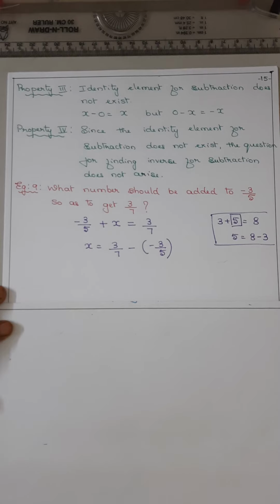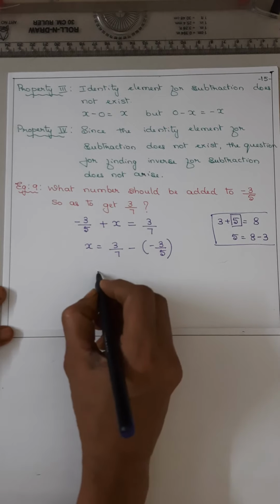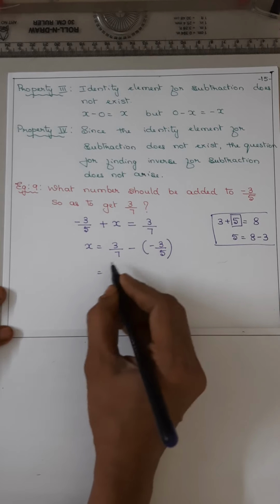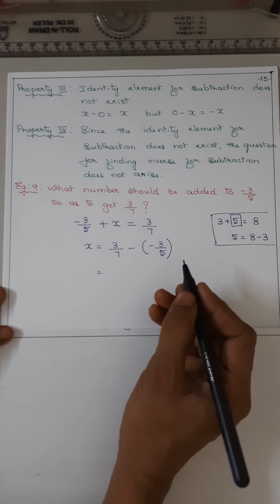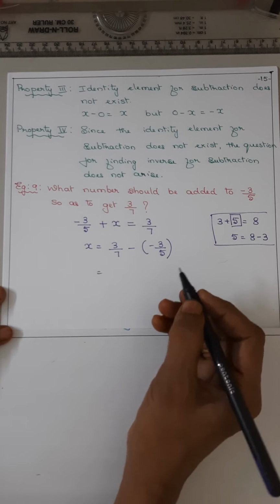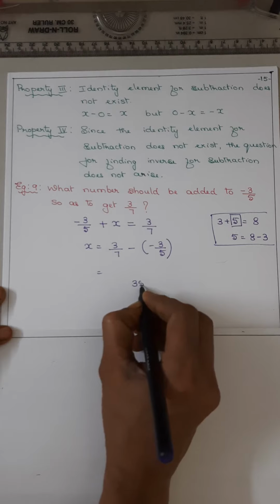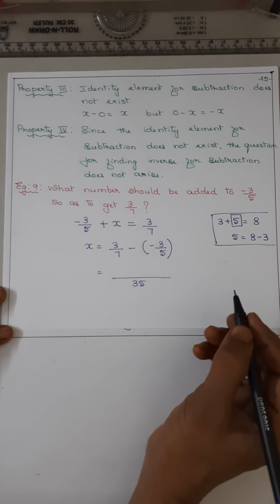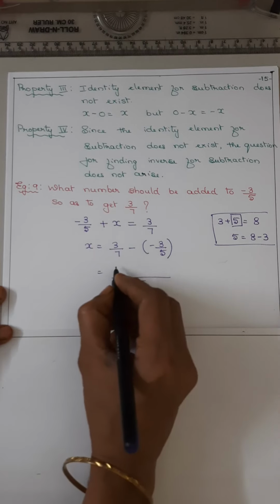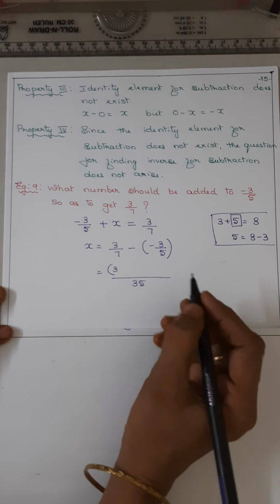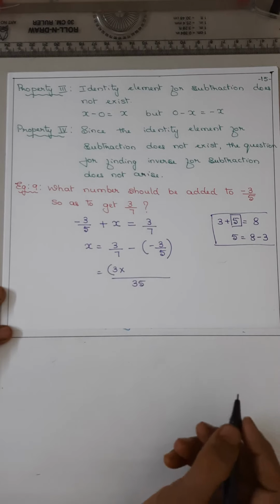Okay, now ordinary subtraction. If we take the LCM of 7 and 5, both are prime numbers, so 7 5s are 35. Now, first 3 is the numerator. Put the multiplication sign.